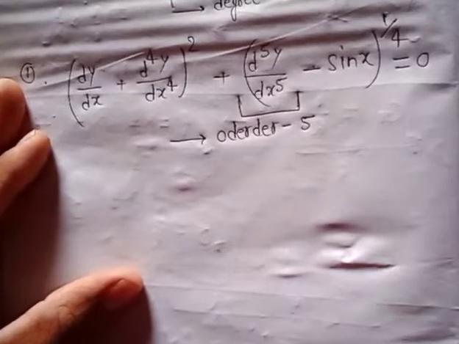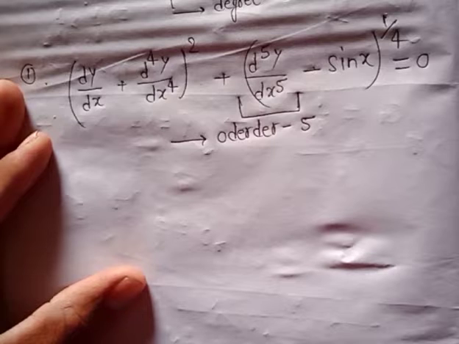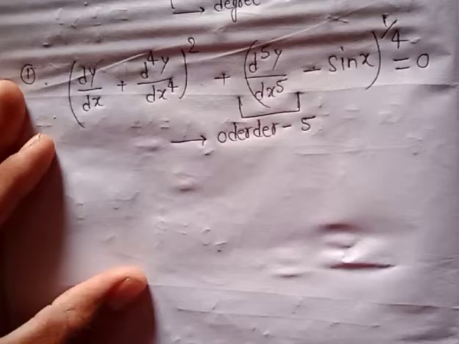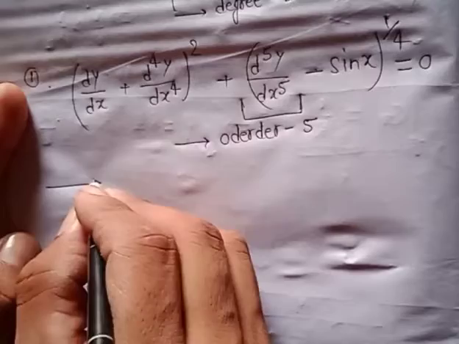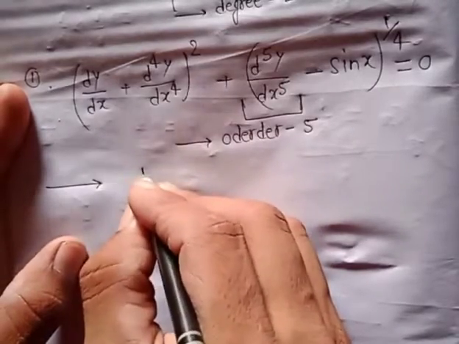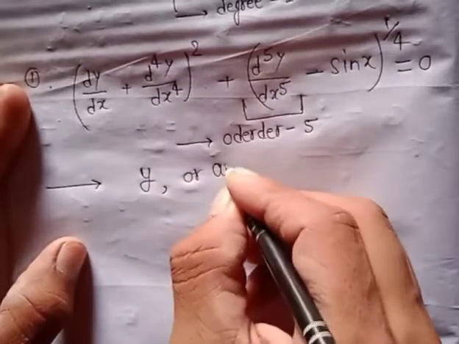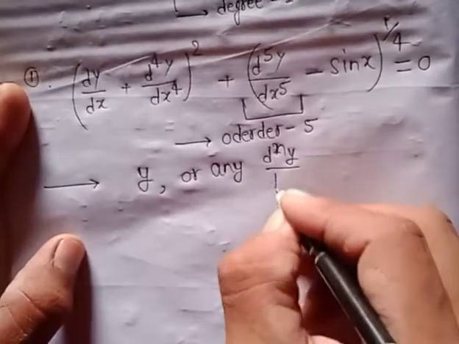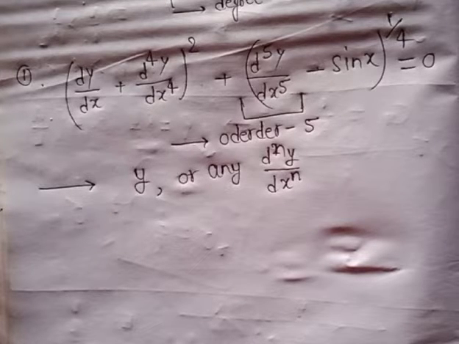Now for degree, we know that we define the degree only for those differential equations in which the dependent variable y, or any dny upon dxn, is not in the form of transcendental functions.